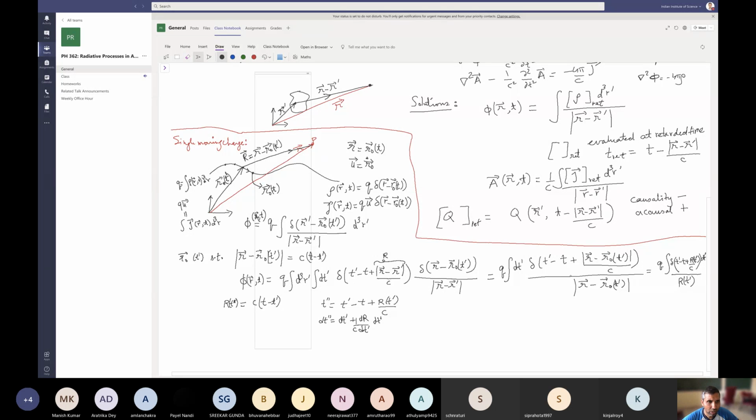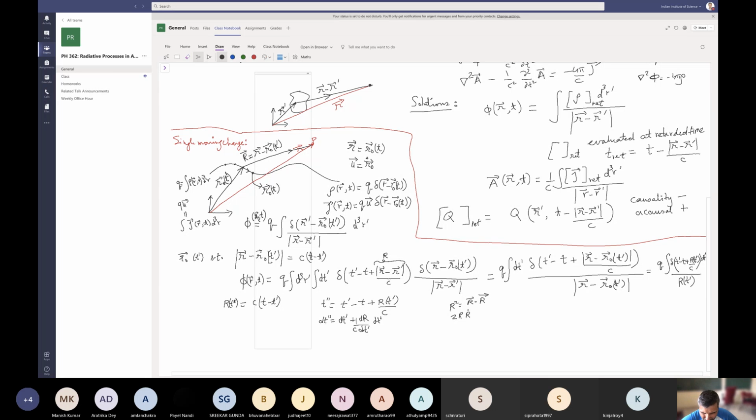Okay, so this r here is just the mod of this vector r. So let's see. r squared is equal to r dot r. When I don't write a vector sign, it is a scalar. It's the absolute value of that vector. So twice r r dot.